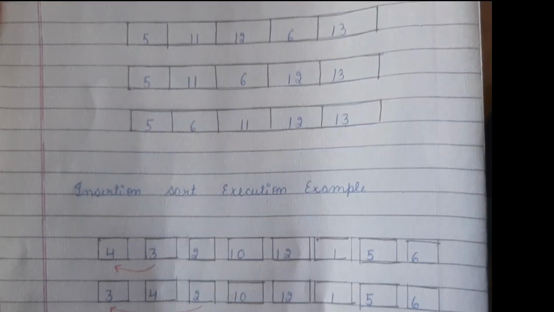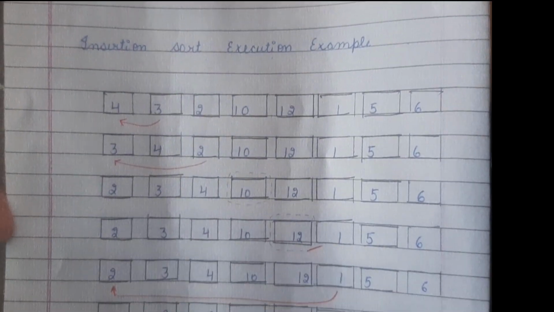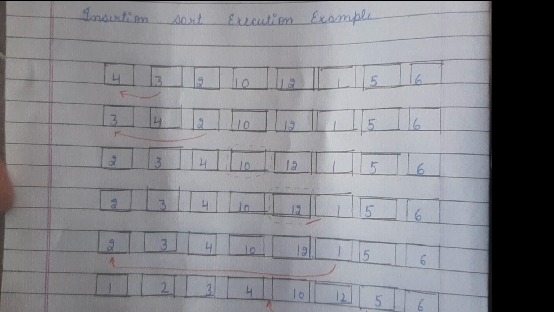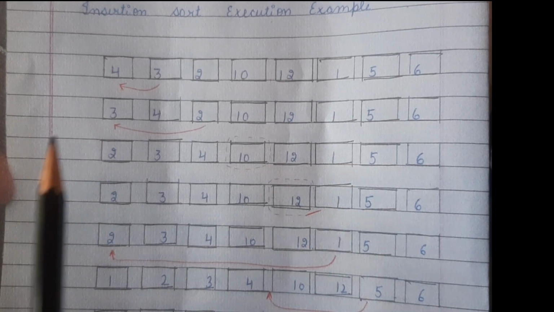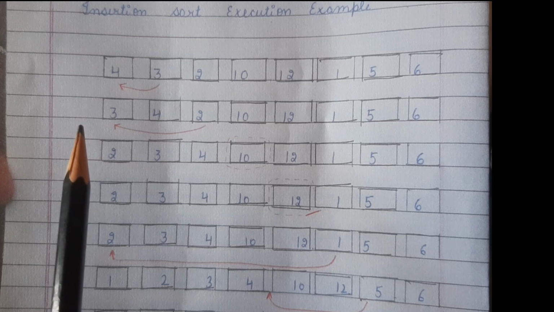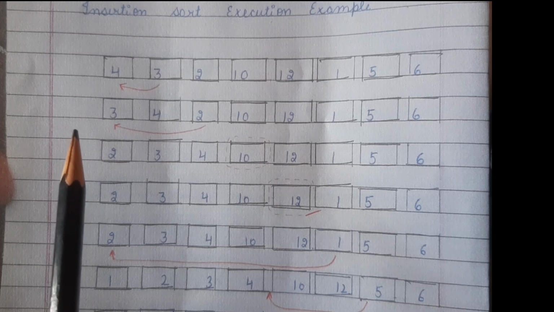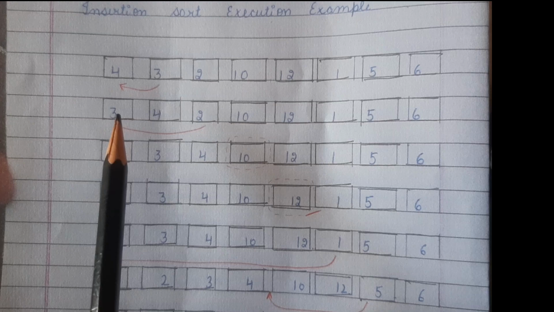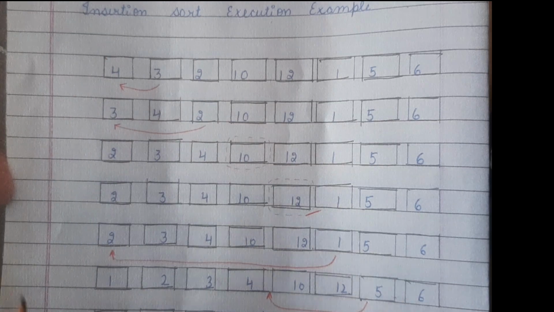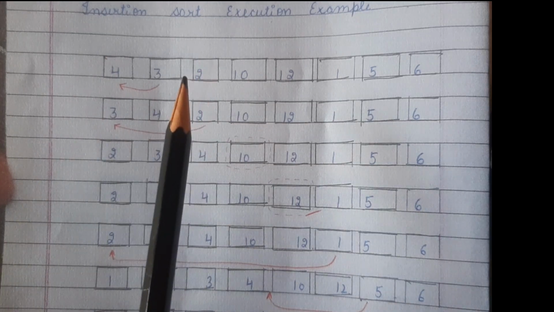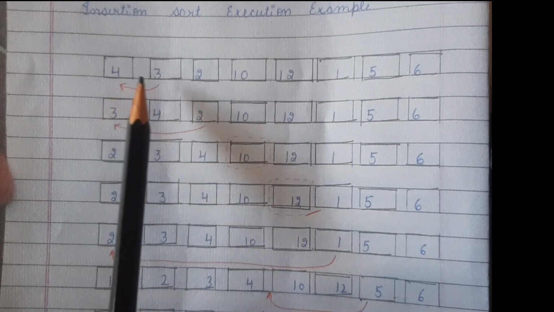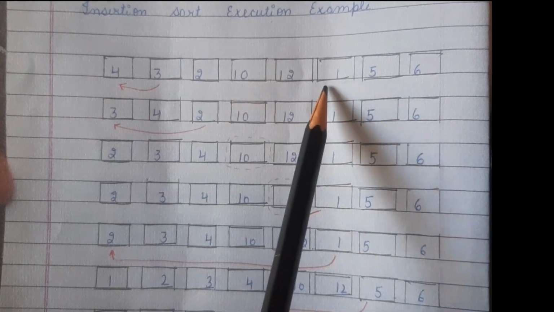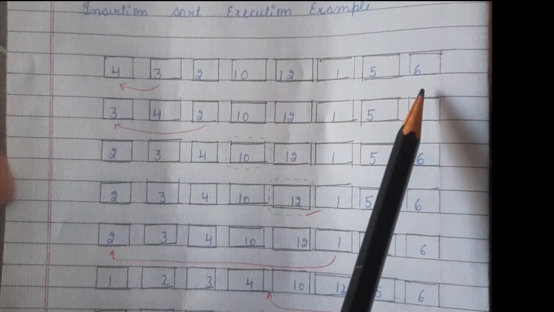Now we discuss another example for the insertion sort. In the previous example, I showed you how the elements are swapped in the insertion sort. And now I give an overview of the insertion sort by using this example. So we have elements 4, 3, 2, 10, 12, 1, 5 and 6 in an array.